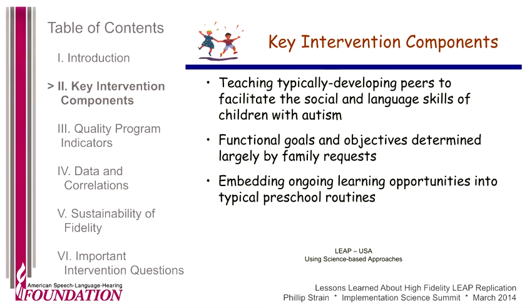We spent a lot of time, thanks to Howard as well, figuring out how to teach typically developing peers to facilitate the social and communicative skills of their classmates with autism. We spend very little time assessing kids, coming up with functional goals and objectives.